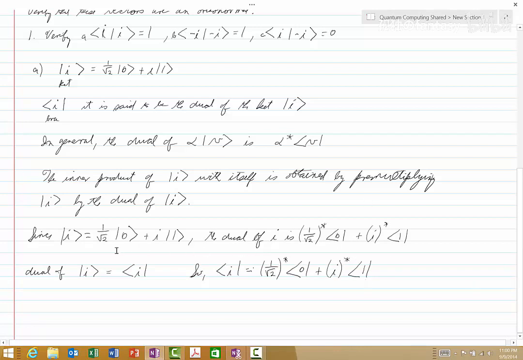And once again, just look at these two equations. When we take the dual of a ket, any scalar part will get conjugated, and any ket will be turned into a bra. So this ket is turned into this bra, this ket is turned into this bra, and this scalar is conjugated to give this scalar. Of course, 1 over square root of 2 is real, so when we take the complex conjugate, we still get 1 over square root of 2.